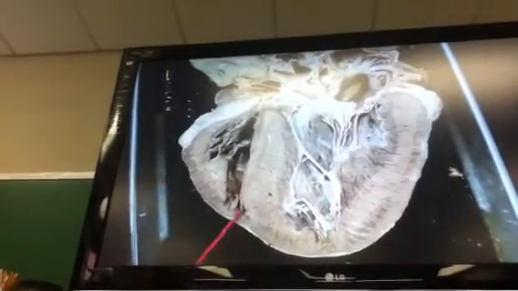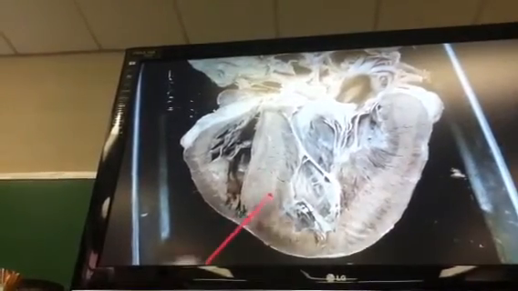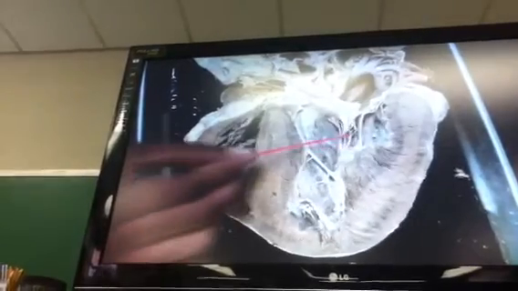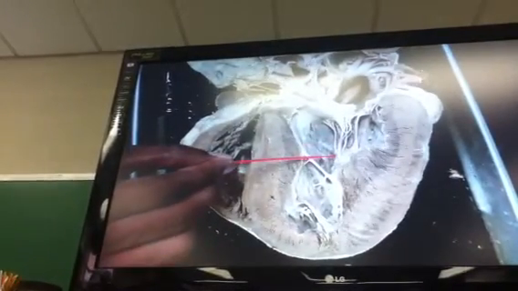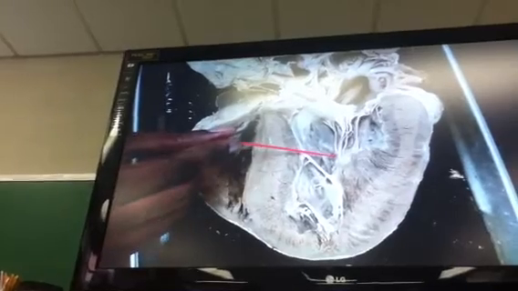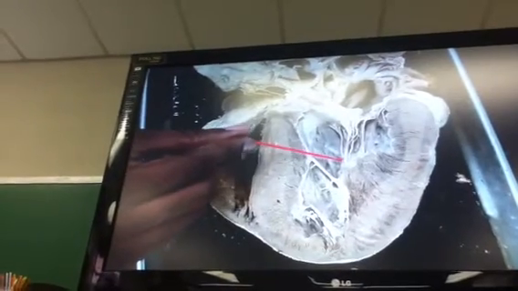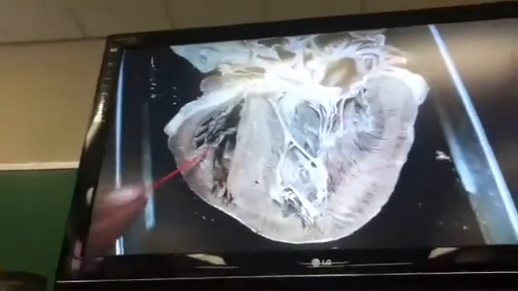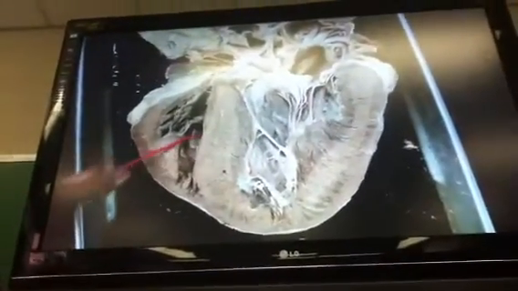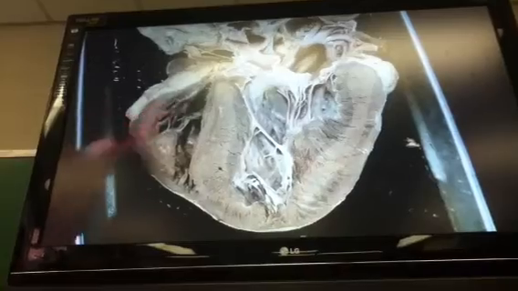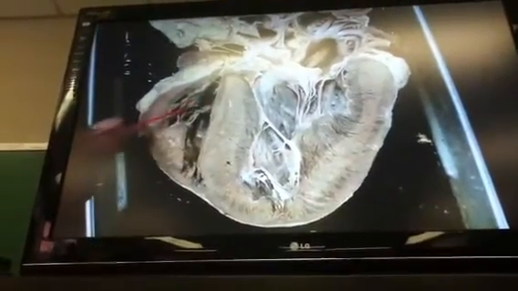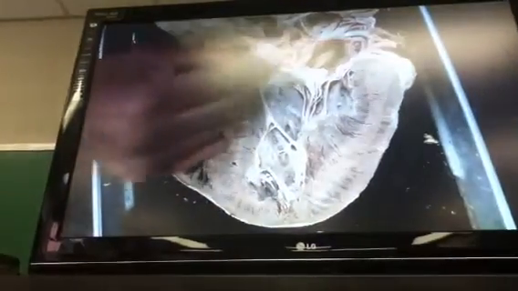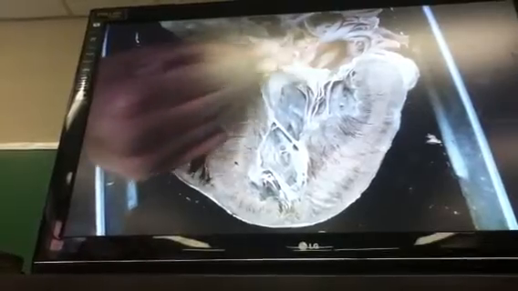All right? If that much is true, Mr. Gilmore, what is this muscle that these chordae tendineae are coming from? These are called papillary muscles. Well, Mr. Gilmore, I want you to understand something. I'm no anatomist, so I need you to tell me where these chambers are. This chamber is the left atrium.